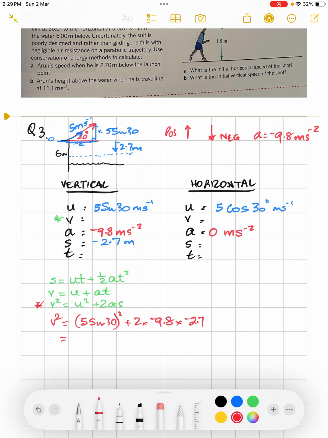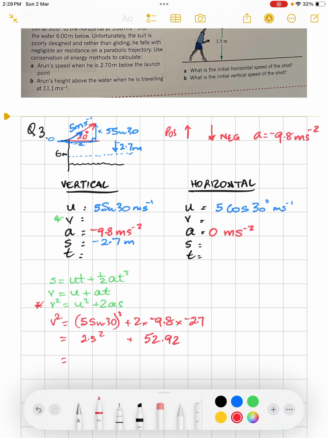Now we've got 5 times sine of 30, which is 0.5, so that's 2.5 squared, and 2 times 9.8 times 2.7 is 52.92.